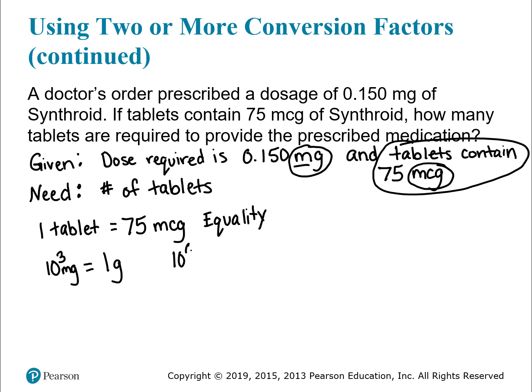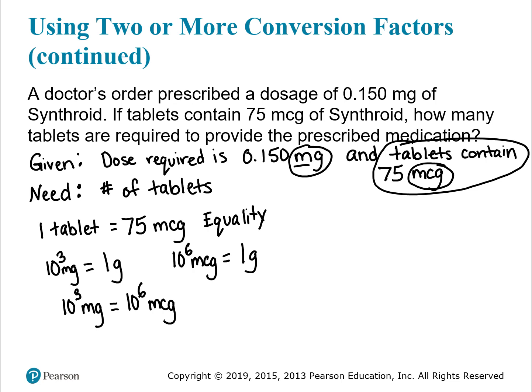And 10 to the 6th micrograms is equal to 1 gram. Well, we can smush those together to write another equality. If you have 1,000 milligrams, you also have 1,000,000 micrograms.